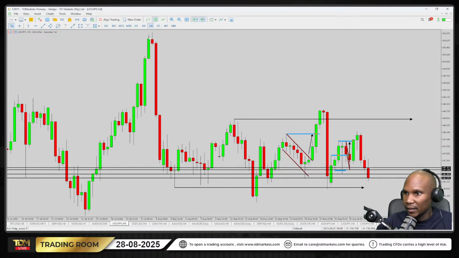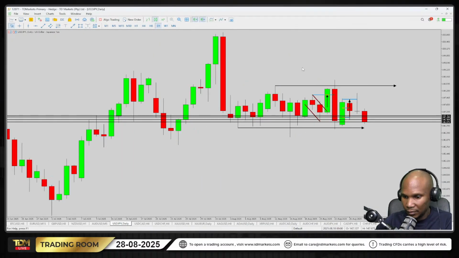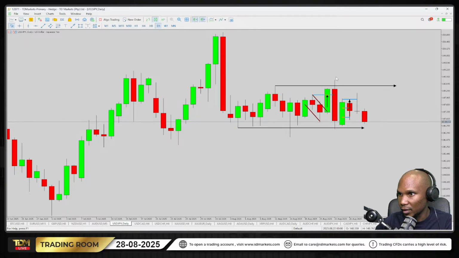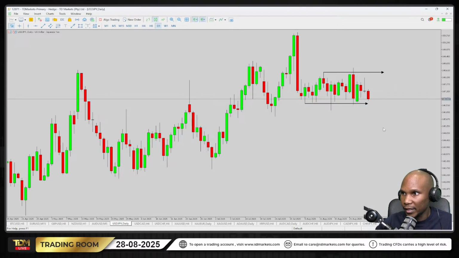USD JPY. So many things drawn here. So USD JPY, it has not changed, right? It is still trading within this. Now, I would want price to break out first, right? It seems like we are now going down.